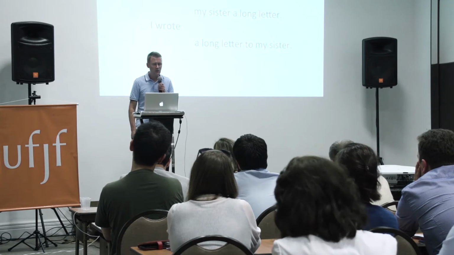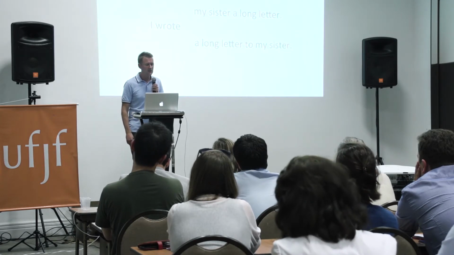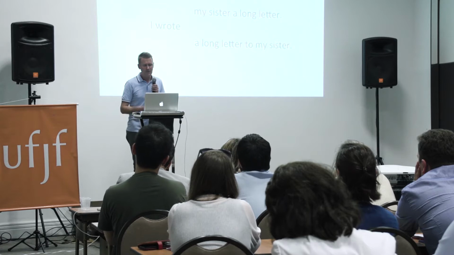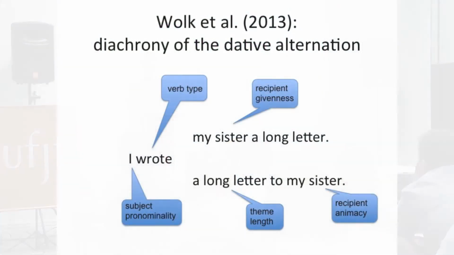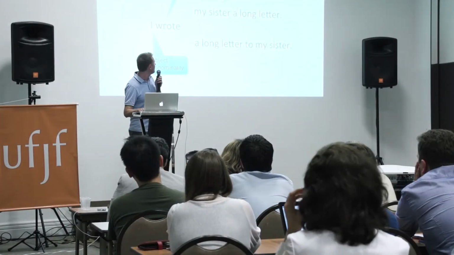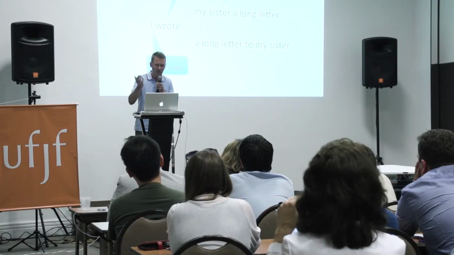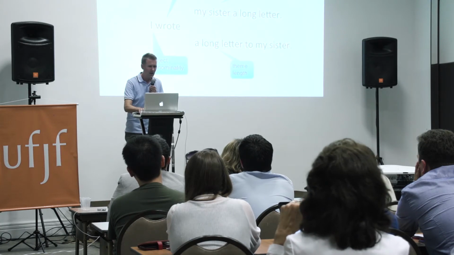And based on present-day corpus data and psycholinguistic experimentation, we actually know a whole lot about how the dative alternation works, in particular that there are determining factors such as the verb type, the subject, and whether it's pronominal or a noun phrase, then whether or not the recipient is discourse given or discourse new, how long the theme is that is transferred from an agent to a recipient, and also whether the recipient is animate or not.